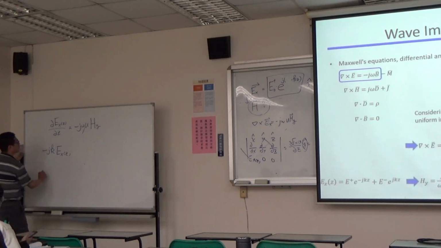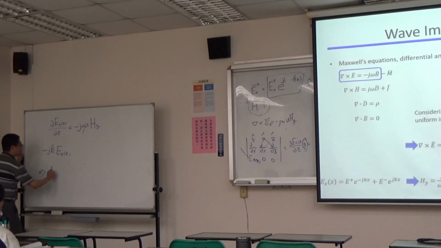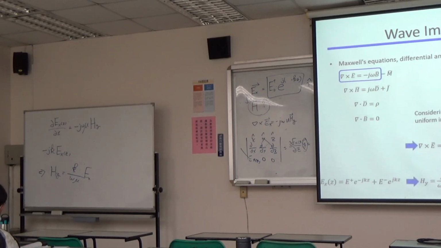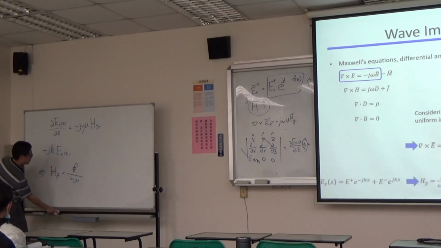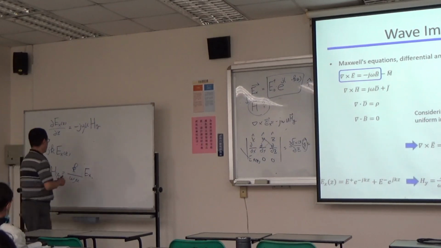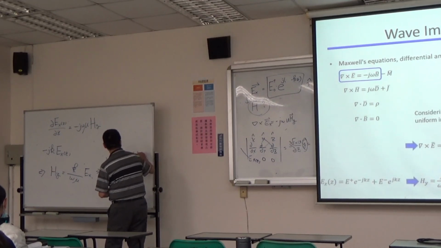So the minus j cancels. Hy equals to Ex times k over omega mu. And if we define eta equals to Ex over Hy, it is omega mu over k.